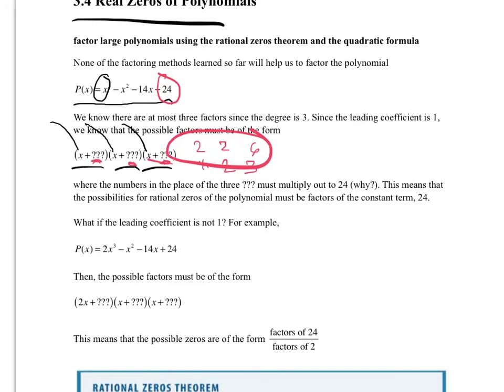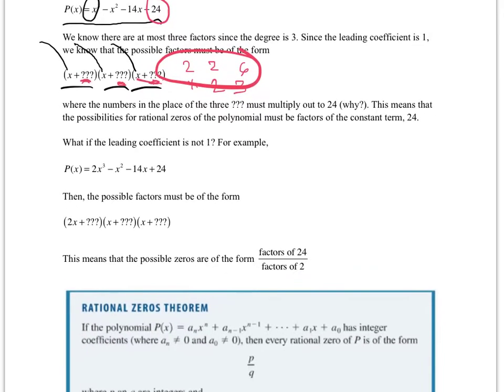And then the problem is compounded when the leading coefficient isn't 1, because then not only do we have to consider the factors of the constant term, we also have to consider factors of the leading coefficient. Again, if there are 3 factors for this degree 3 polynomial, then they must look like this, and that's the only way you'll get a leading term of 2x cubed: if you have a 2x and an x and an x.